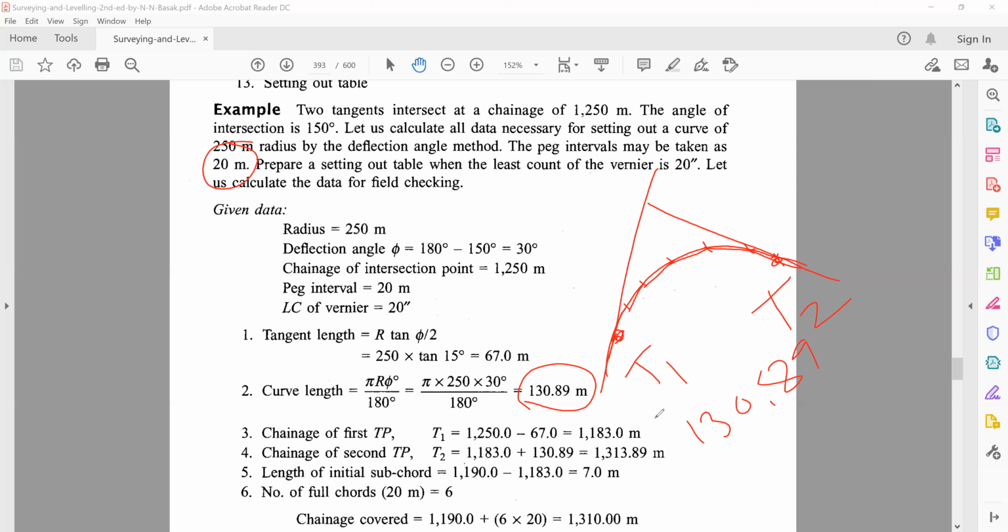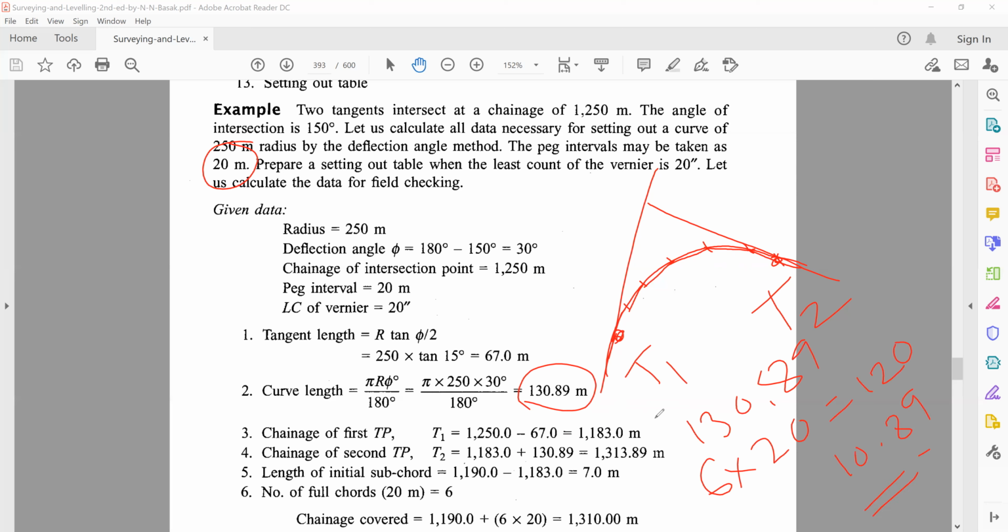Now, if the interval is 20, we can have 6 chords of 20, which would make 120 meters. But then we would be left with 10.89 as the length of the last chord.